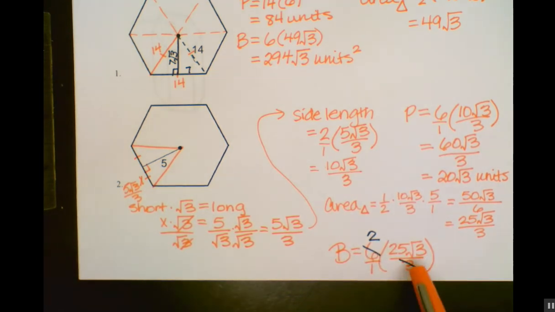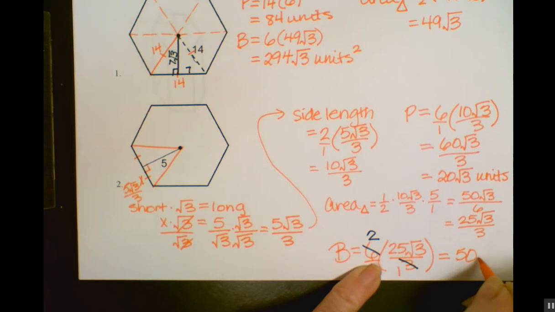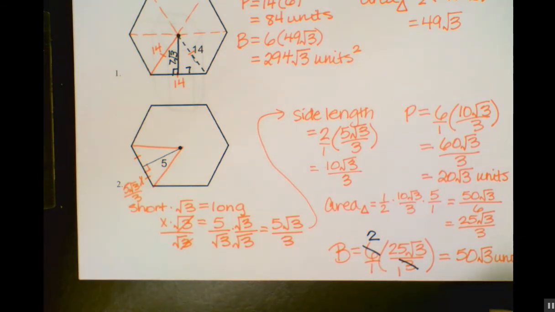Now, in this case, what you're doing is dividing both the 6 and the 3 by 3. 6 divided by 3 is 2. 3 divided by 3 leaves a 1 in this position. So in our denominator, we have 1 times 1, which is 1. In the numerator, though, 2 times 25 gives us 50 square root 3 units squared. And that becomes the area of the base.